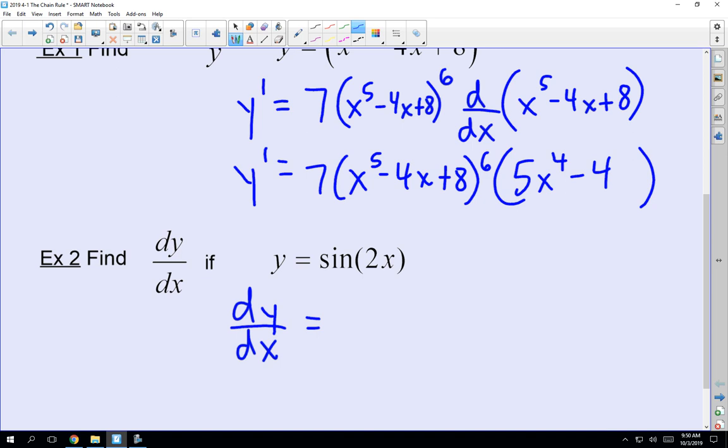So the derivative of sine of 2x would be cosine of 2x times the derivative of the inner function. It's 2. And so we have 2 cosine of 2x.